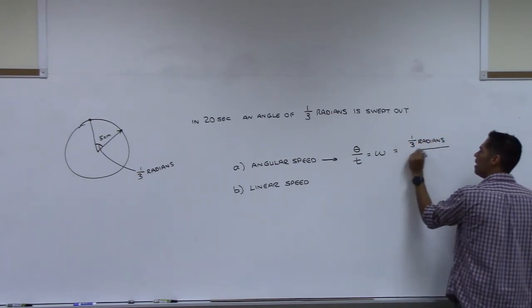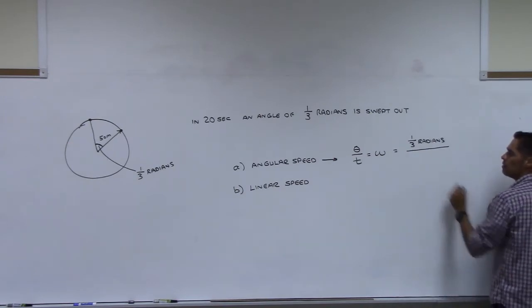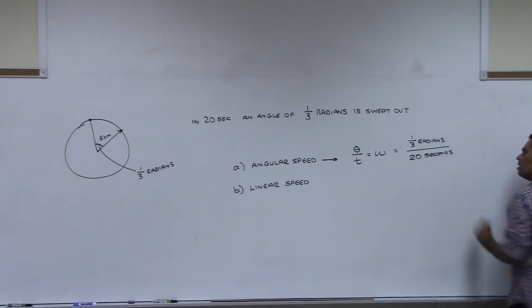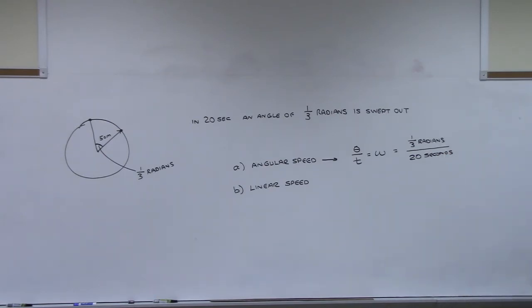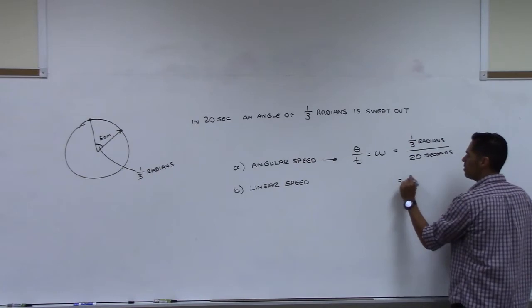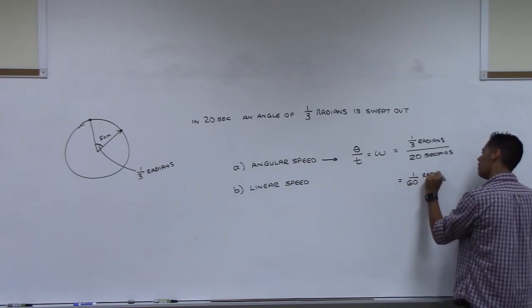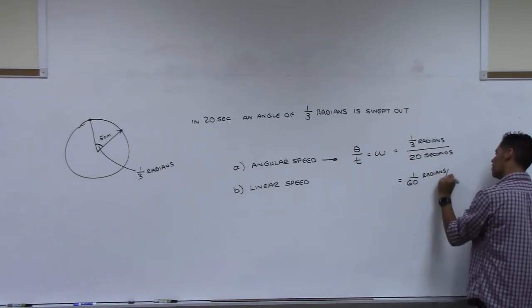And it does that in how many seconds? 20 seconds. So all you have to do is divide 1/3 by 20. And your answer will be in radians per second. So this is going to be 1/60th radians per second.